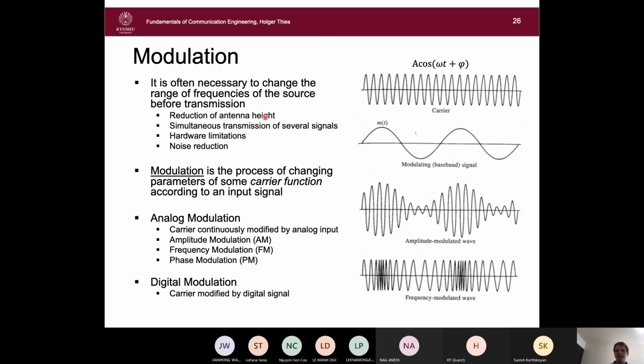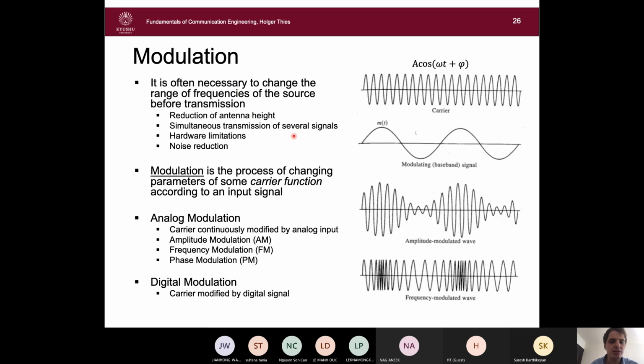in classical radio communication, antenna height is proportional to the wavelength. So if we want to have very low frequencies, we have to build very, very high antennas, which is not physically possible. So to reduce the antenna height, we have to change the range of frequencies.